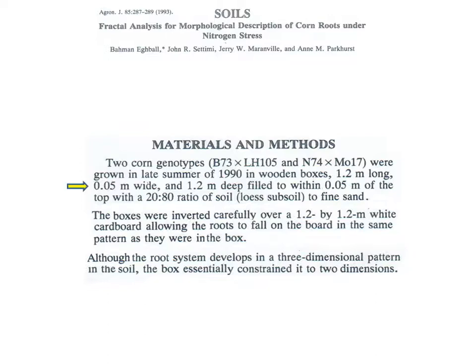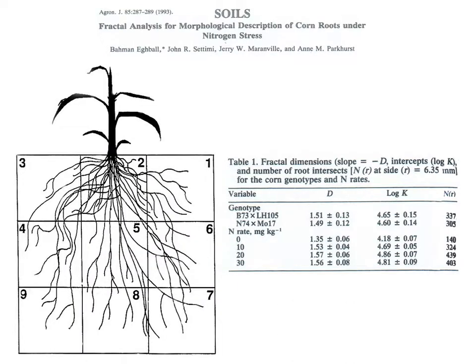Another example a few years later, where they've grown maize in 5 centimeter wide boxes, sort of getting a 2-dimensional root system of the maize, have laid it out, and they've shown that you can determine the fractal dimensions, and it's highly correlated with the size of the root system.